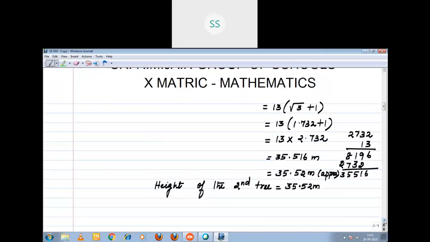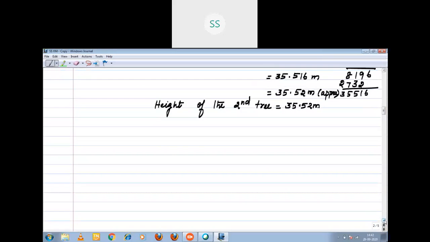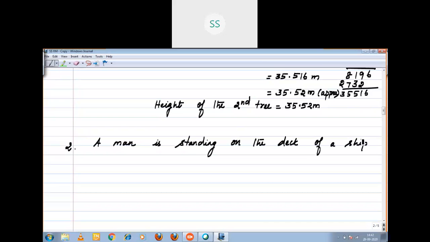Now the next question, what is it? A man is standing on the deck of a ship which is 40 meter above water level.